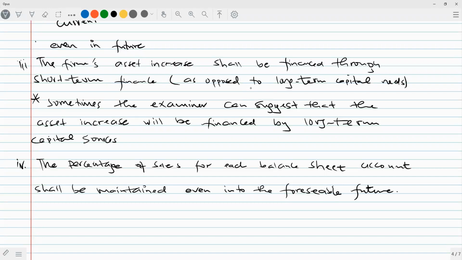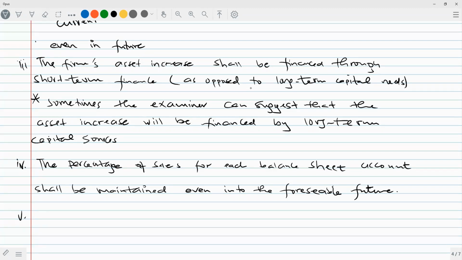That's an assumption that we're making: if the ratio of inventory to the sales figure for that year was 60%, then we assume that even going forward, the same value shall be maintained. That's another assumption that the method normally makes.